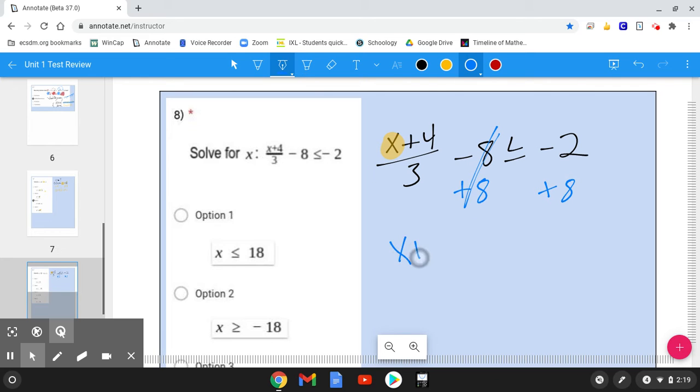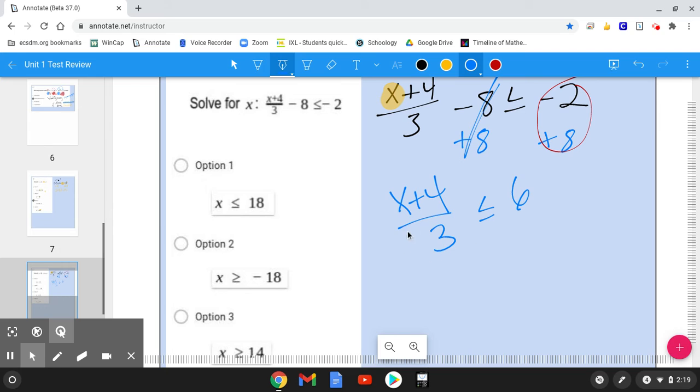We have x plus 4 divided by 3 is less than or equal to, not negative 2, I have to actually combine negative 2 and 8, and I get positive 6. Now, we want to get rid of this 3 on the bottom. This line here indicates what? Division.